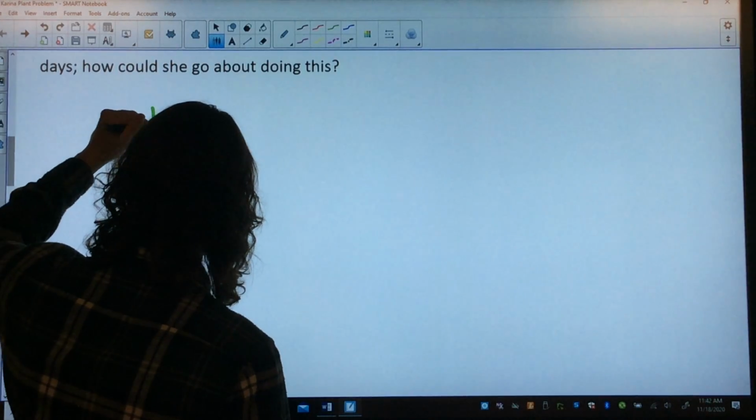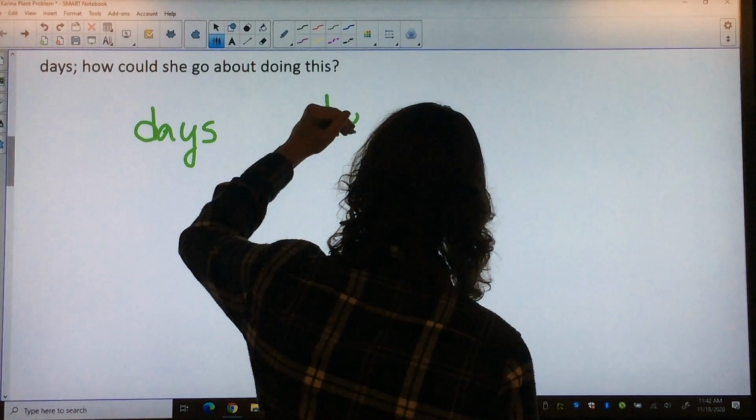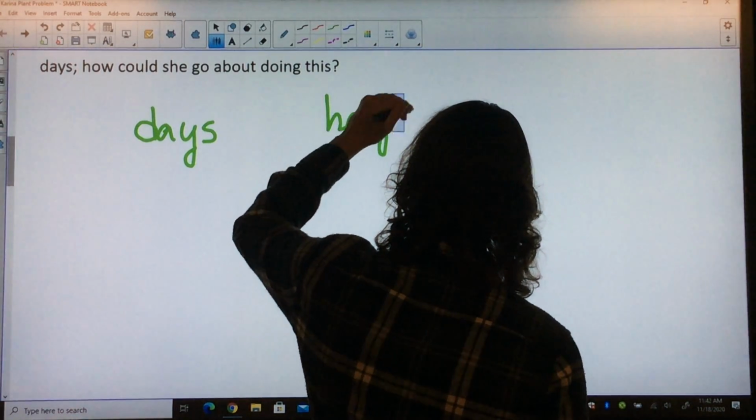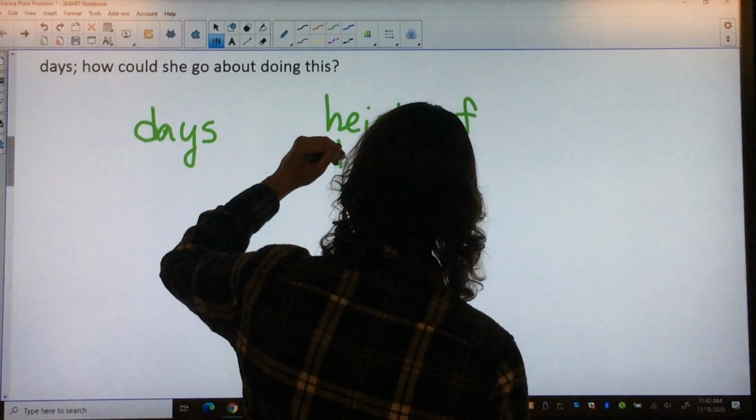Okay, so on this side I have days. On this side, I have the height of the plant.